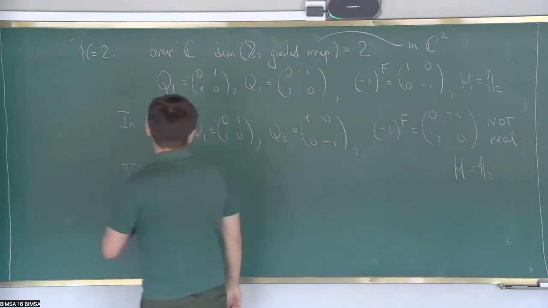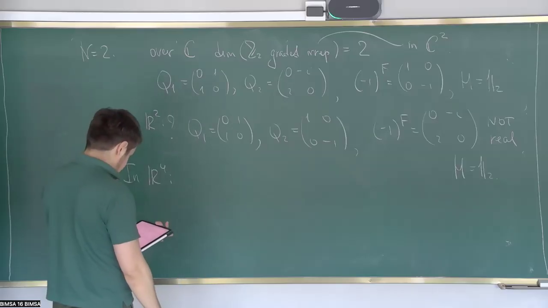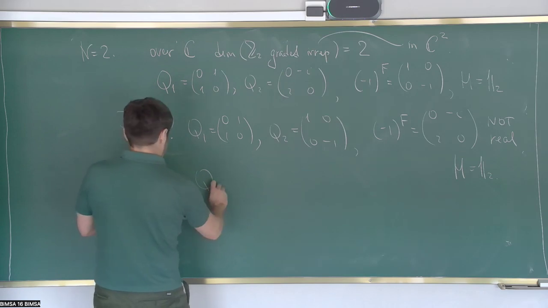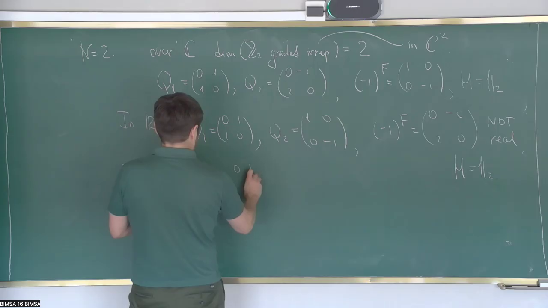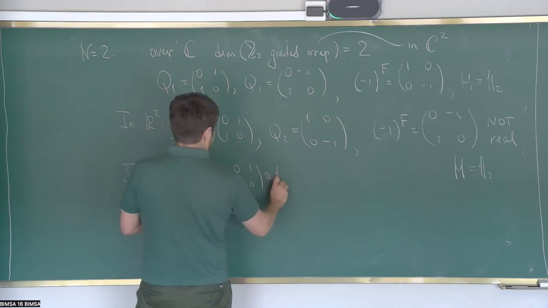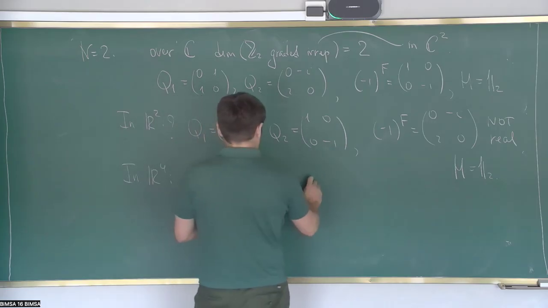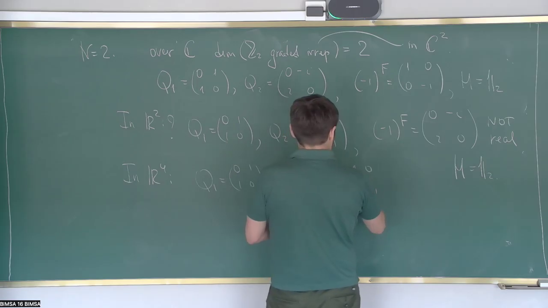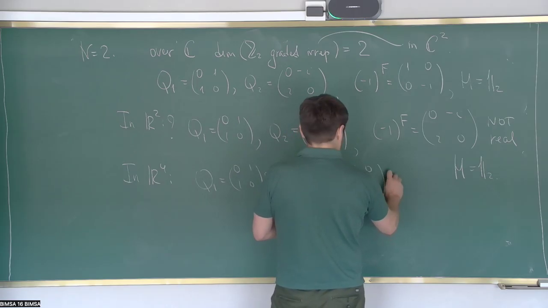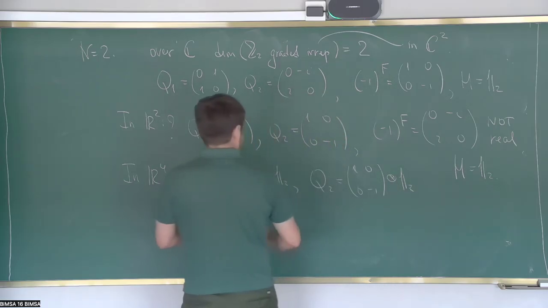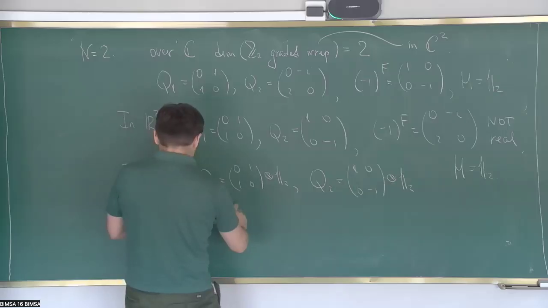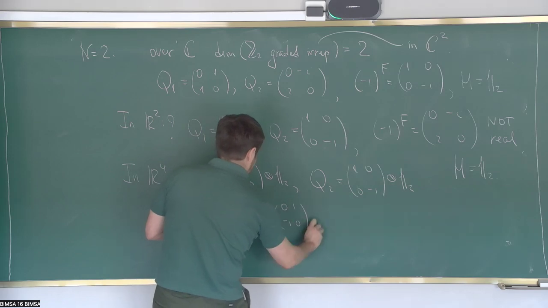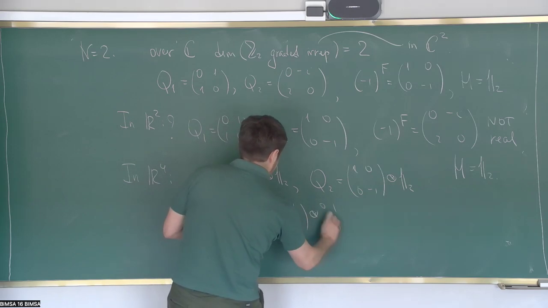But in R4, you can write Q1 is sigma 1 times the unit matrix, Q2 is sigma 3 times the unit matrix, and this guy, minus 1 to the F, is just the matrix 0, 1, minus 1, 0 times 0, 1, minus 1, 0.